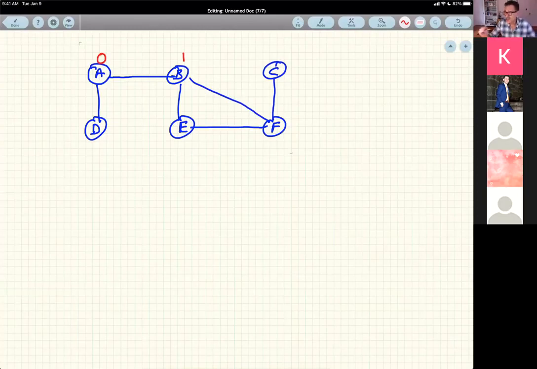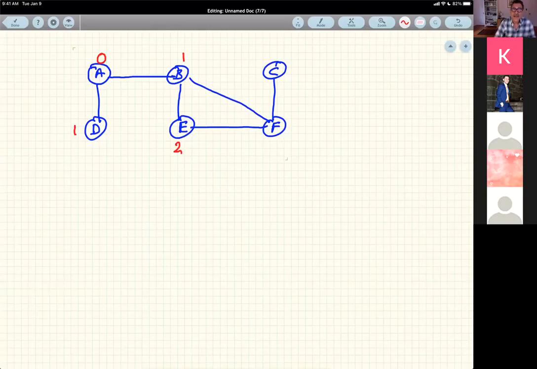There's only one edge that connects A to B. So I'm at A, I go through one edge, now I'm at B, it cost me 1 to get there. From A to D, it's also 1, right? To get from A to E, E is at a distance of 2 from A. In order for me to get to E, I got to go A to B and B to E. That's 2 steps to get to E, okay?